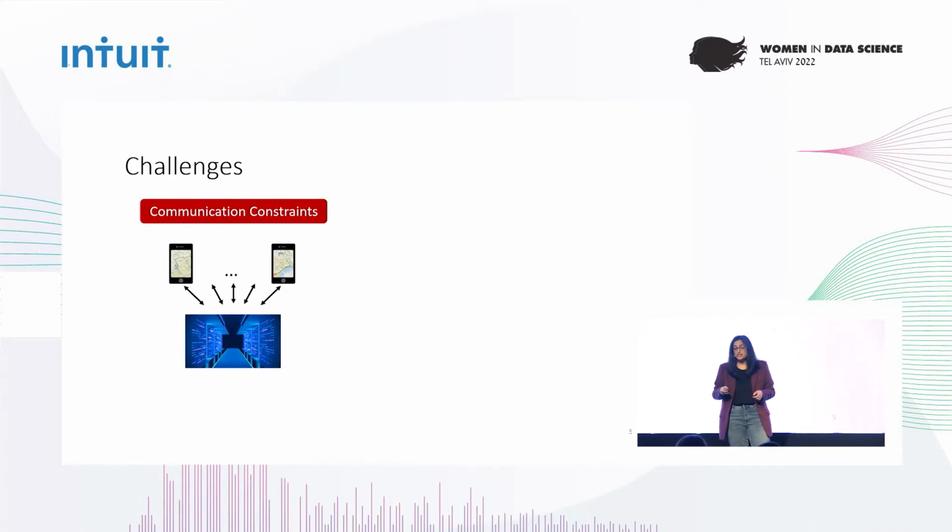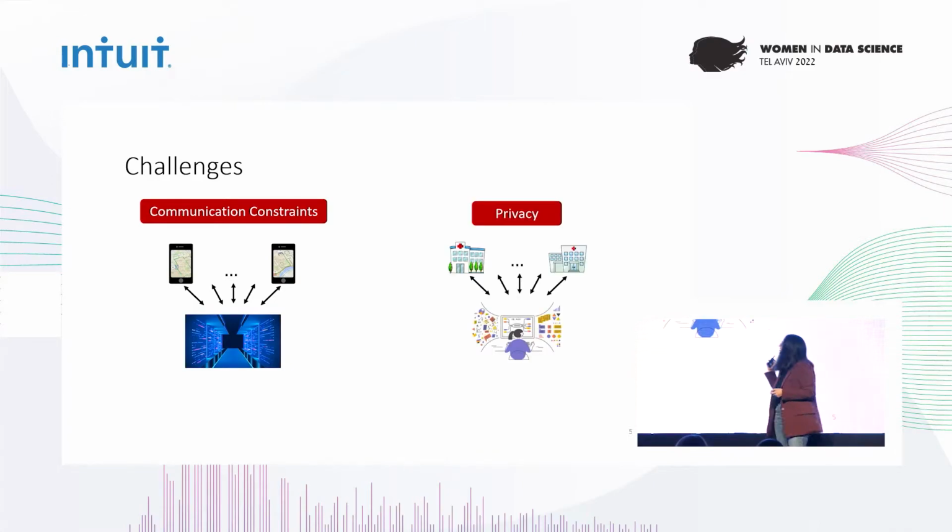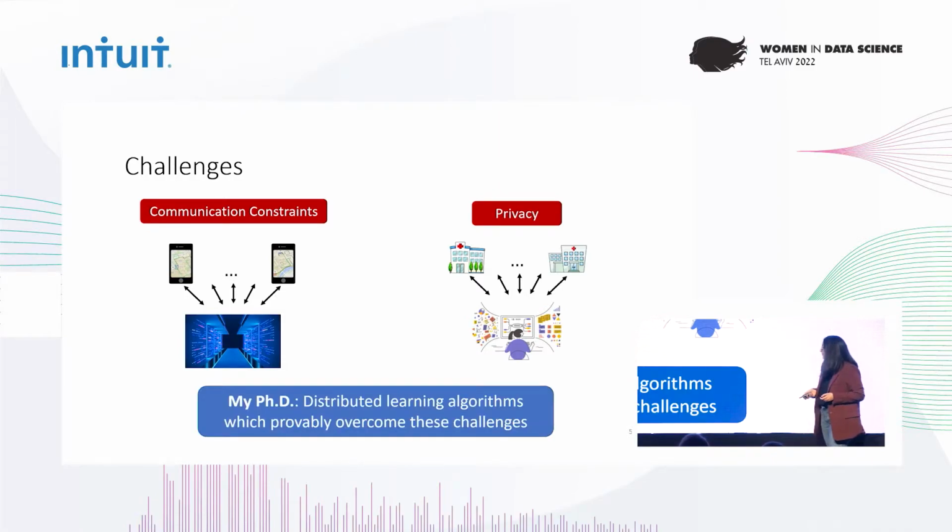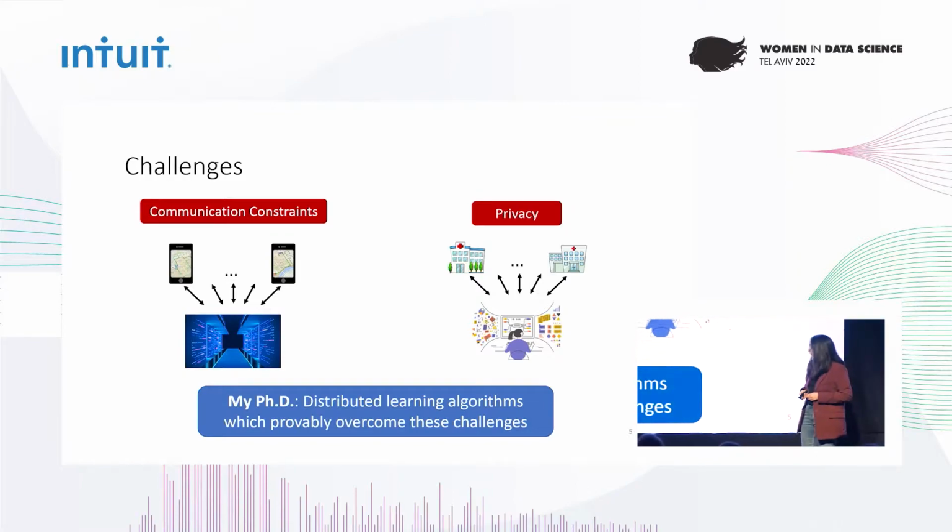One major challenge is communication constraints, because of the vast nature of the data. Another main challenge is privacy concerns. In my PhD, I studied distributed learning algorithms, which provably overcome both these challenges. So they're both communication efficient and private.